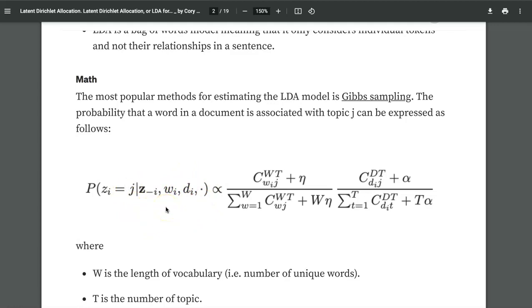Ultimately, after running the algorithm, you will get a probability distribution. For a topic, you will get the probability of each word. Suppose in all your documents there are only two topic classes. After running the algorithm, for these two topic classes we will get a probability distribution over each of the words.